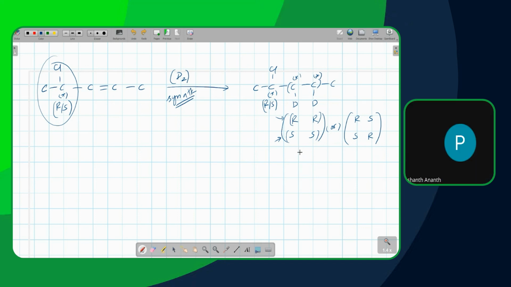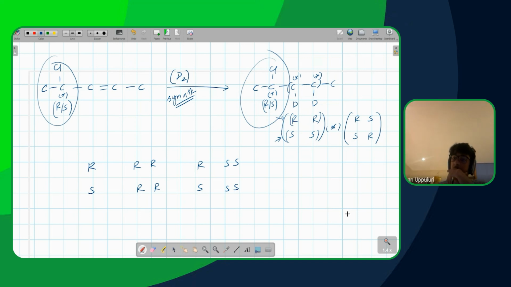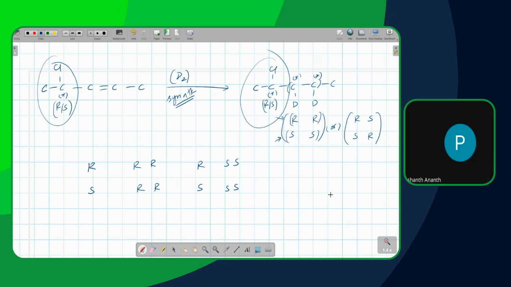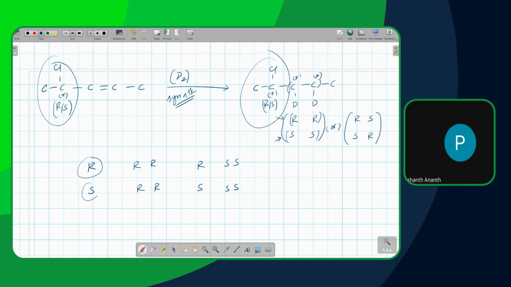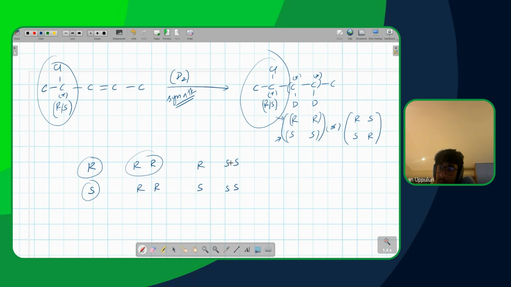So if I had this original reactant as both R and S, then my products formed are R,RR, or S,RR, and R,SS, and S,SS. Correct? Have a look here. All of them are formed in equal quantity technically, because this and this are equally possible, and these also must be equal.